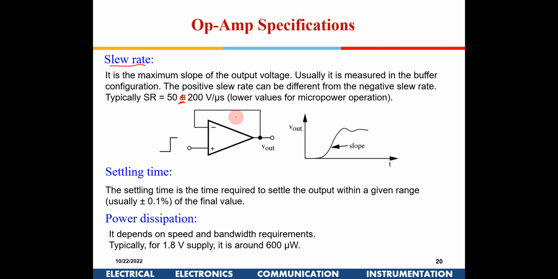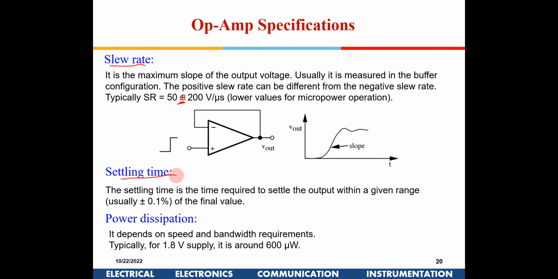We did the design of a differential amplifier, so slew rate comes from there, depending on the current capacity and the load capacitance. So the maximum slew rate is defined here, at which the output will change.